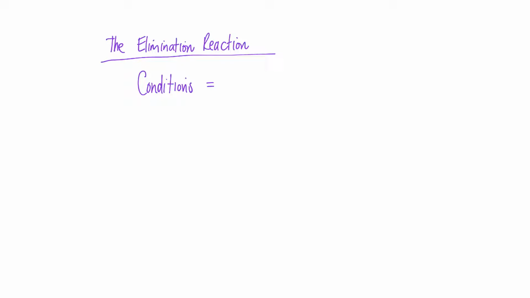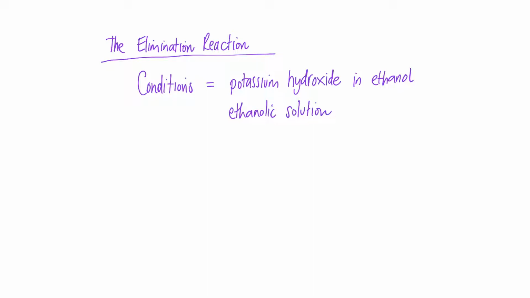So we would have, say, potassium hydroxide here as the source of my hydroxide ions, and it would be in ethanol. There's no water present. Another way to write that is that it's an ethanolic solution. So again, it means no water present. It means the potassium hydroxide has been dissolved in ethanol.